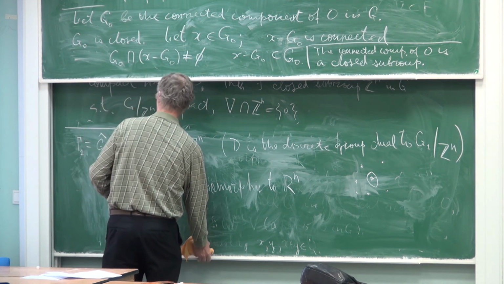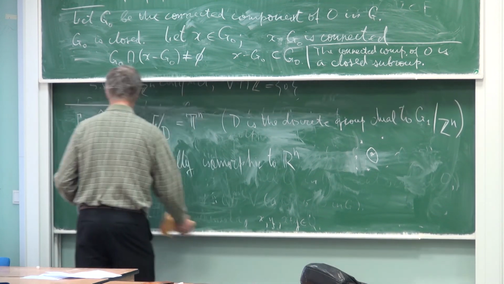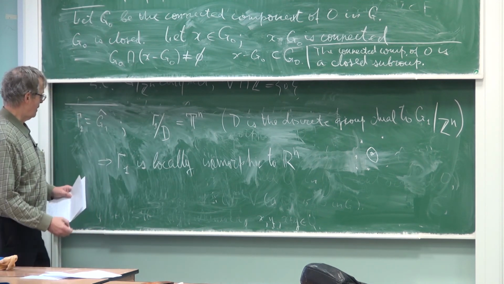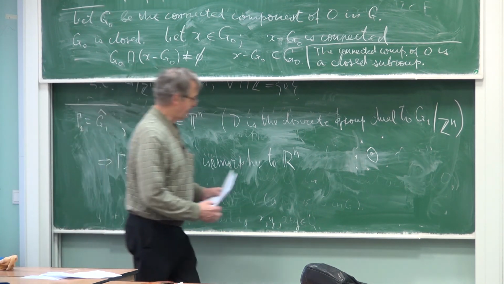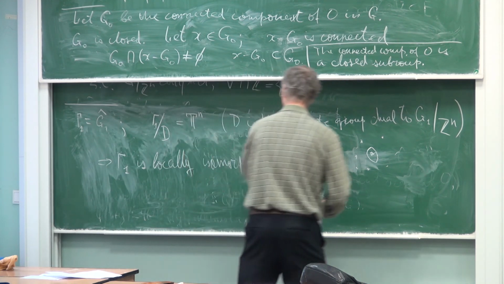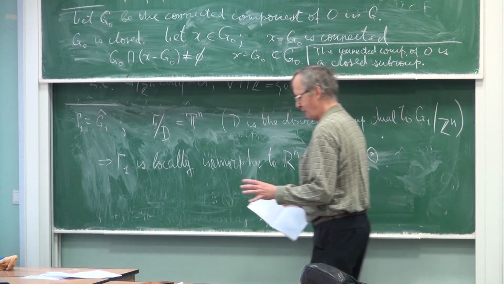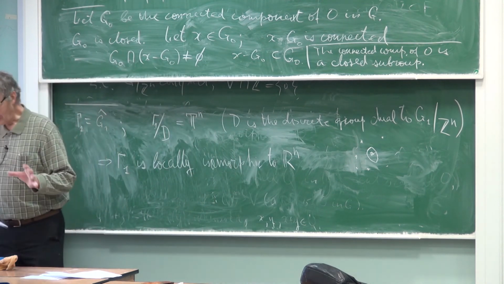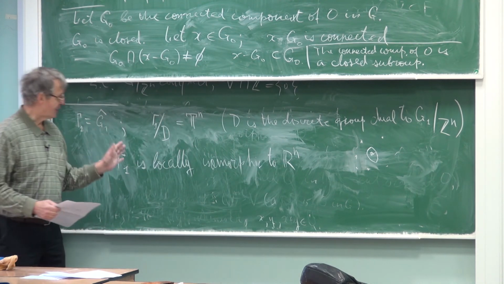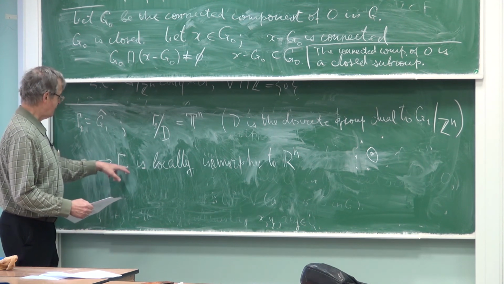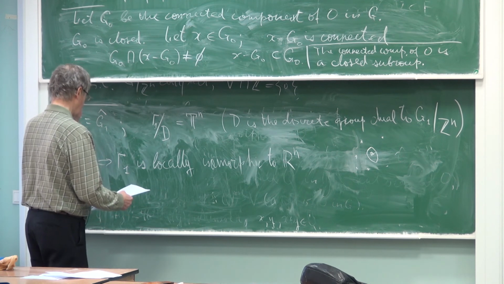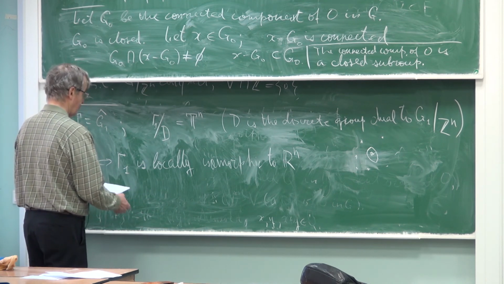Okay, we want now to apply the lemma which I erased, and in this lemma we needed that the group locally isomorphic to Rn be connected to make the conclusion that it is Rn or something like that. And here gamma 1 is not necessarily connected, of course, but let's take the connected component of 0.